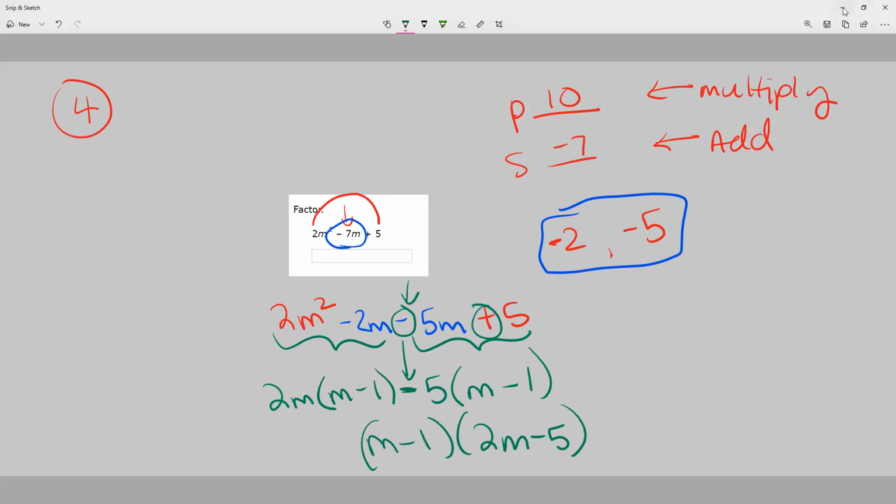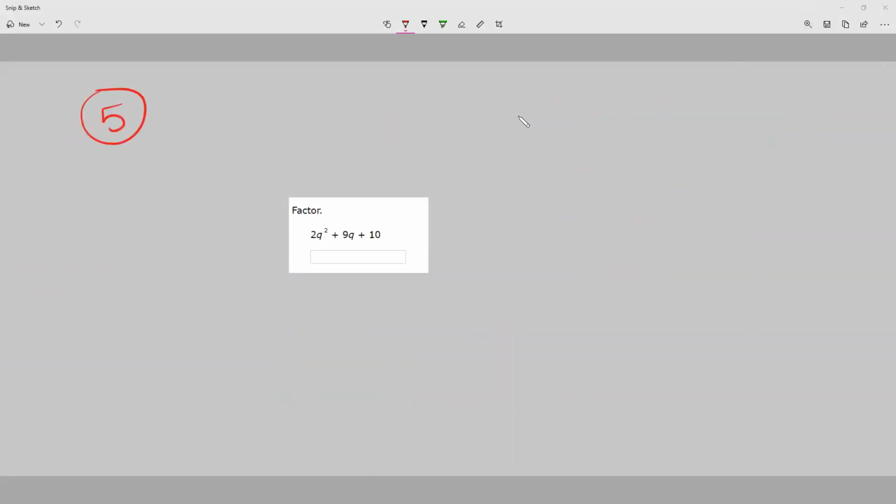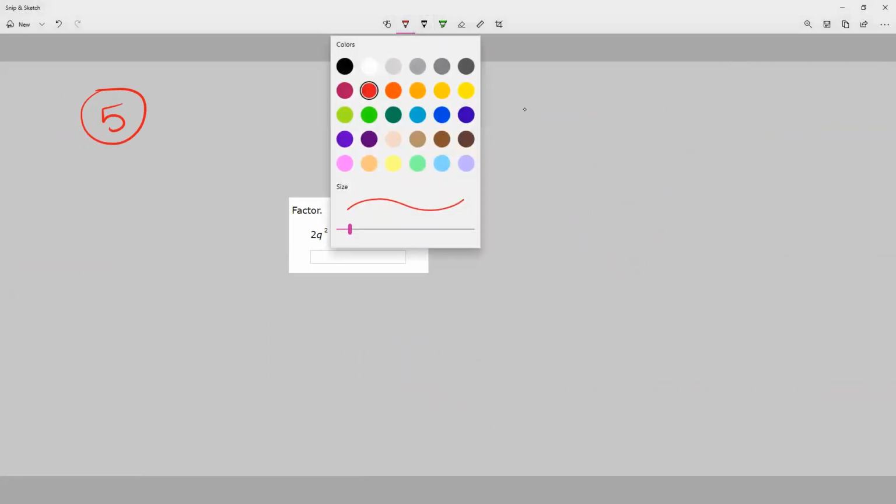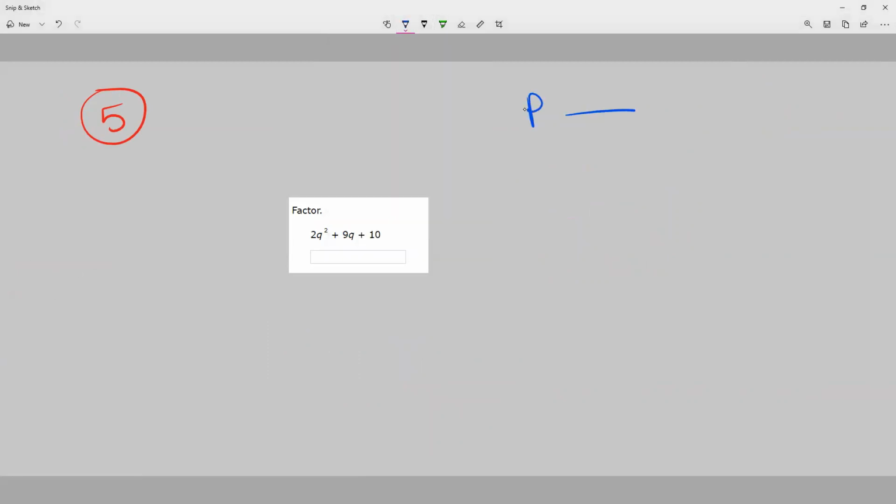Okay, moving on. So I'm going to set some of these up. I don't know if I'll necessarily finish every one of these, because it's a little bit time consuming. Product and sum: 2 times 10 is 20, and then my sum is 9. So two numbers that multiply to be 20 and add to be 9, which hopefully you can figure out would be 4 and 5.